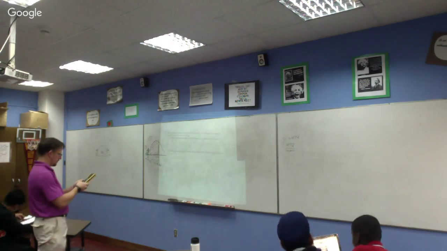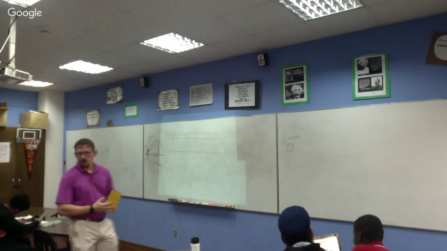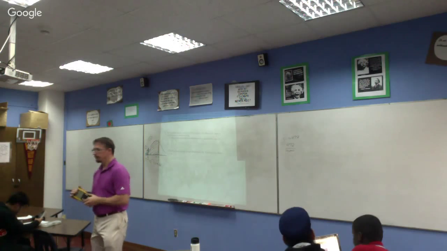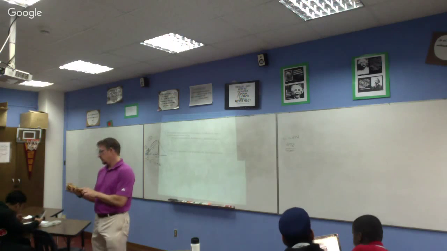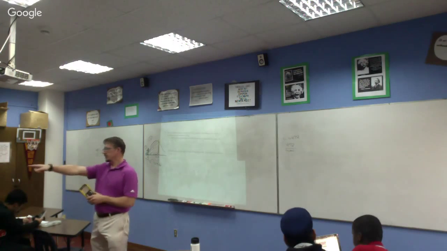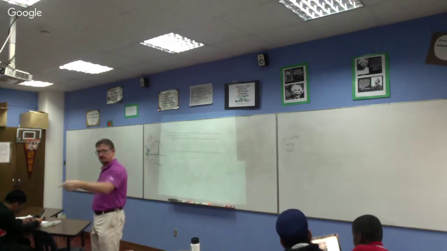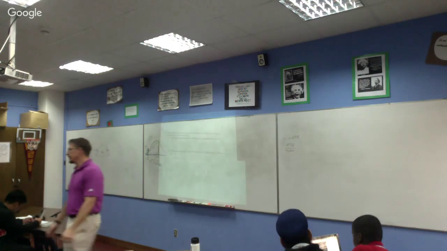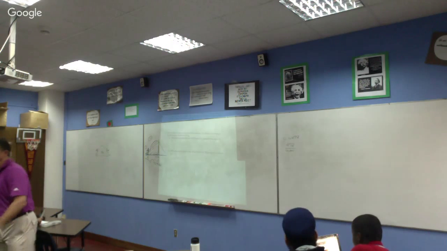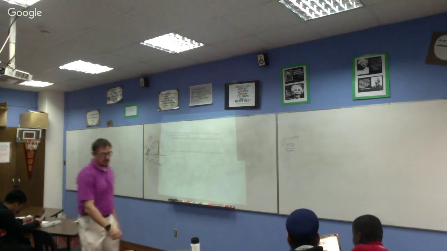What do we get for m? 72.8. We got two takers for 72.8. All right, must be verified. It is 72.8 kg.